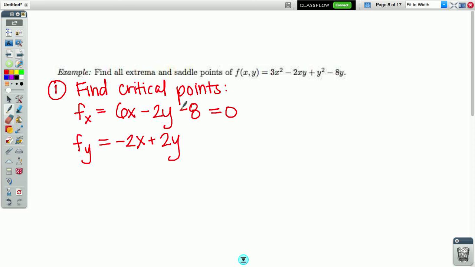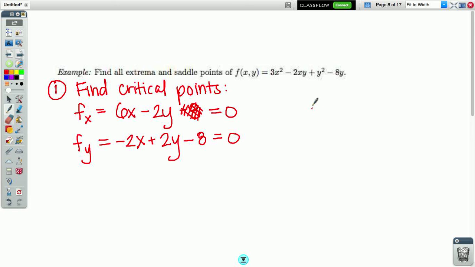Oh, I'm sorry, there's no 8 here on this first one. The derivative with respect to x is just 0. So this is just 6x minus 2y, and I'm going to set that equal to 0. This one is negative 2x plus 2y minus 8, and I'm going to set that equal to 0. This is going to give me a system.